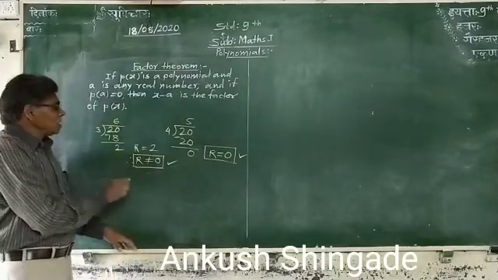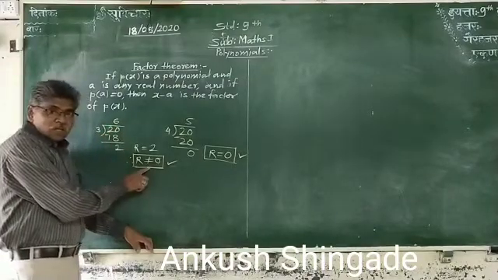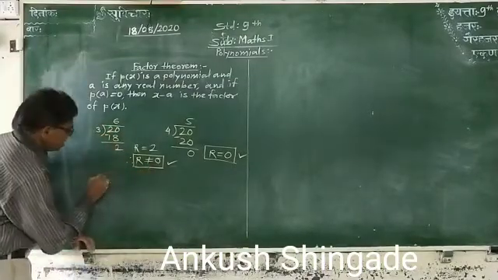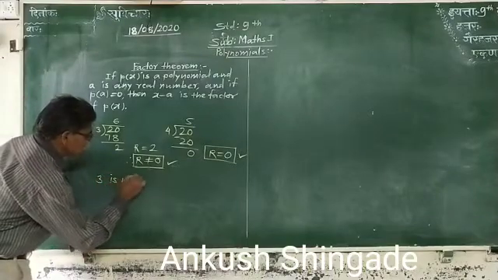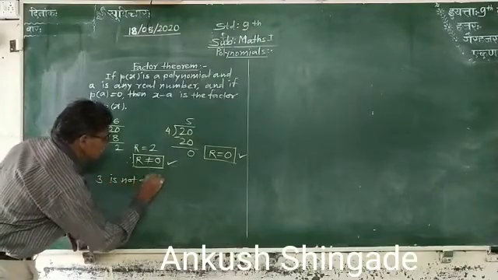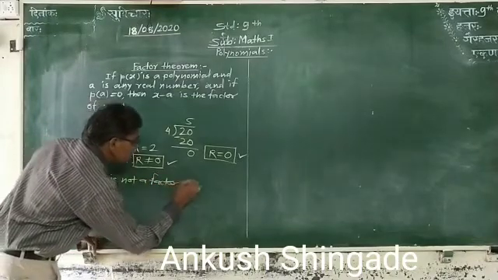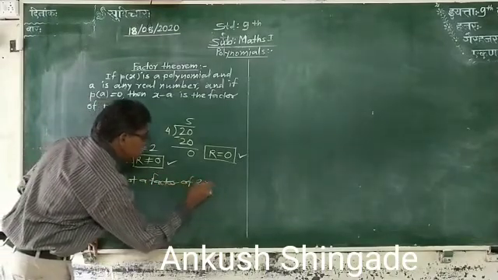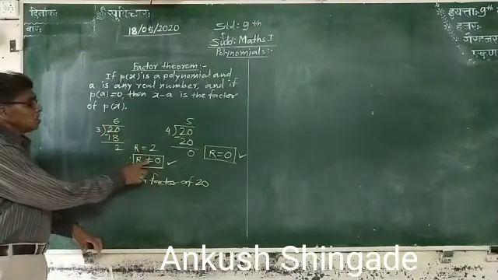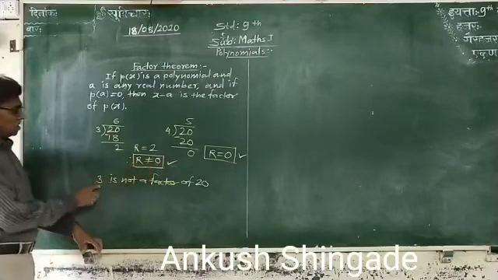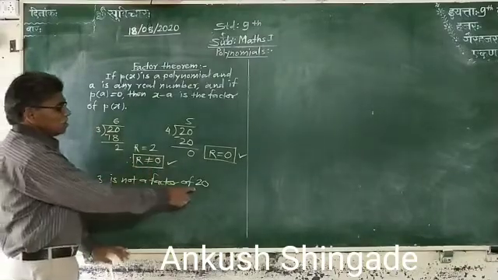So if the remainder is non-zero, then we say that 3 is not a factor of 20. If the remainder is non-zero, then the divisor is not a factor of the dividend.